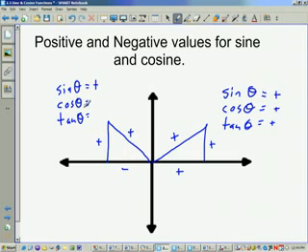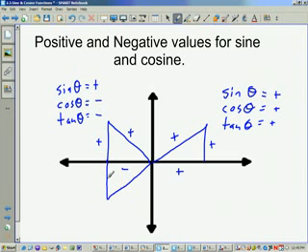Positive over positive is going to be positive. Cosine over here is going to be negative over positive, which will be negative. And tangent is positive over negative, which will give us a negative answer. So in quadrant 2, the only thing that's going to be positive is sine. Cosine and tangent are both going to be negative in that quadrant.